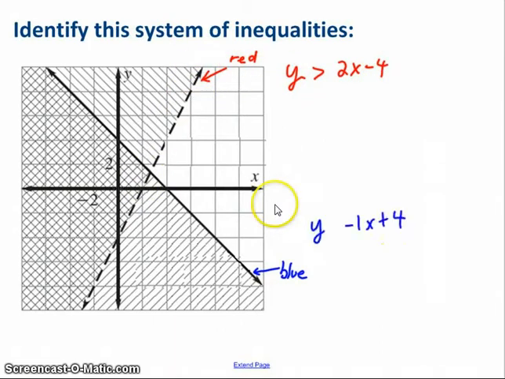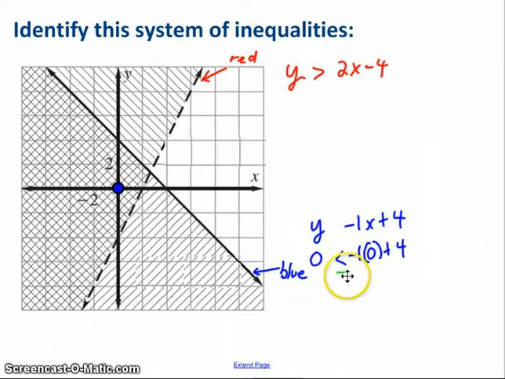Do the same for the blue one. I know that the slope's -1 and the intercept is 4, because I can see here the intercept of 4 and the slope going down 1 to go over 1. Which way do I draw the arrow? Well, once again, 0, 0 is clearly, I'm lucky, once again, on the shaded side of the blue line too. So I plug 0, 0 in.